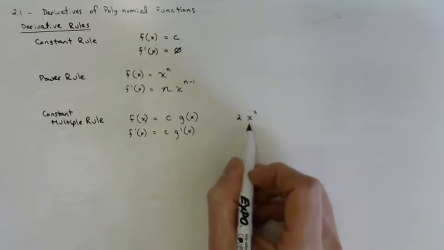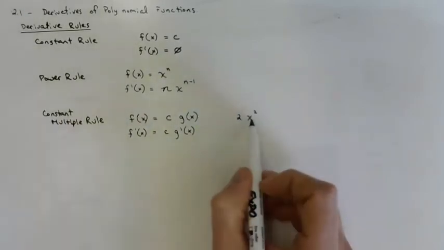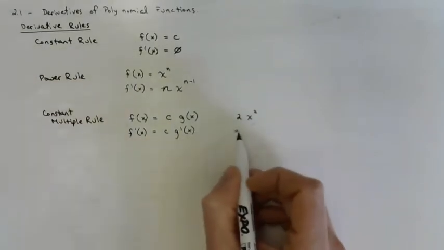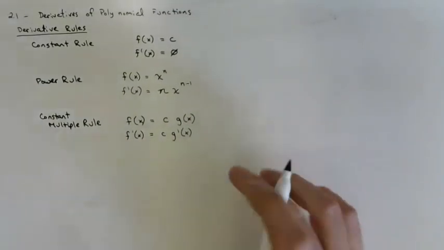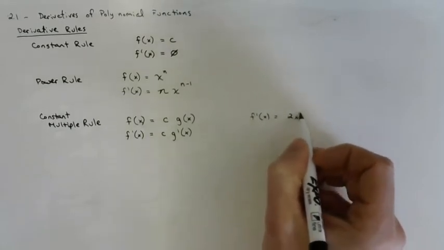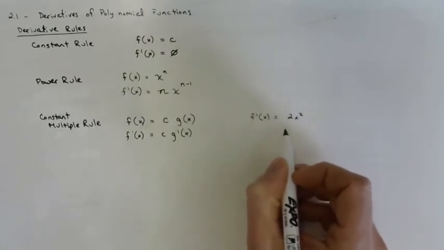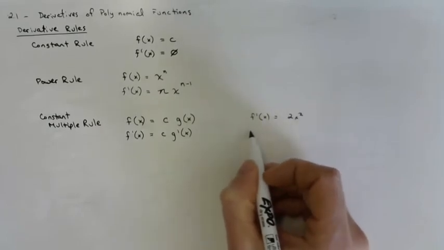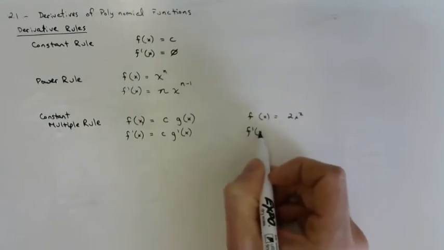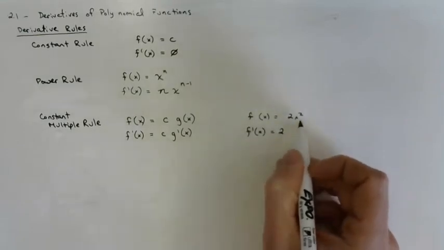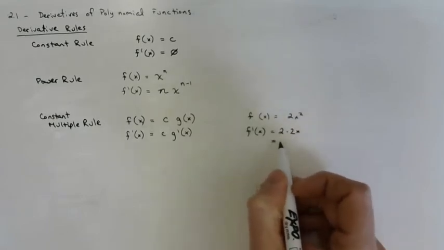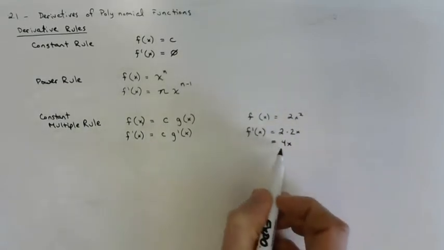Well, if we use our power rule here, and our constant multiple rule, let's say we had f of x equals 2x squared, then f prime of x, I keep that constant there, and then I differentiate the x squared, which is 2x, which will get you a derivative of 4x.